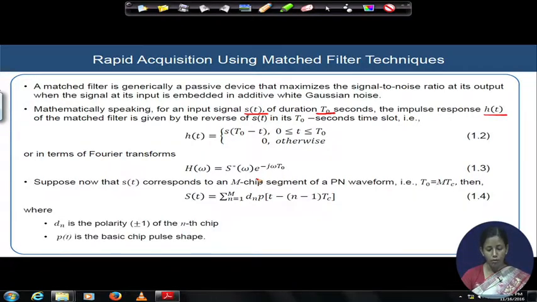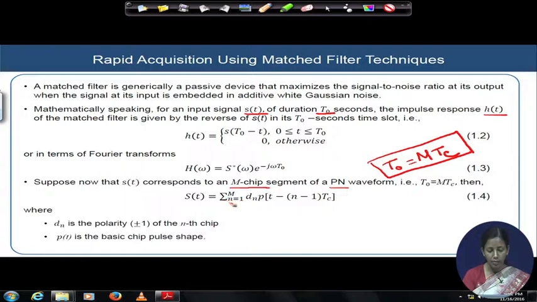We also discussed the kind of signal we are dealing with: a capital M chip segment of a PN waveform, such that within T0 we have M chips of duration Tc, so T0 is equal to M times Tc.